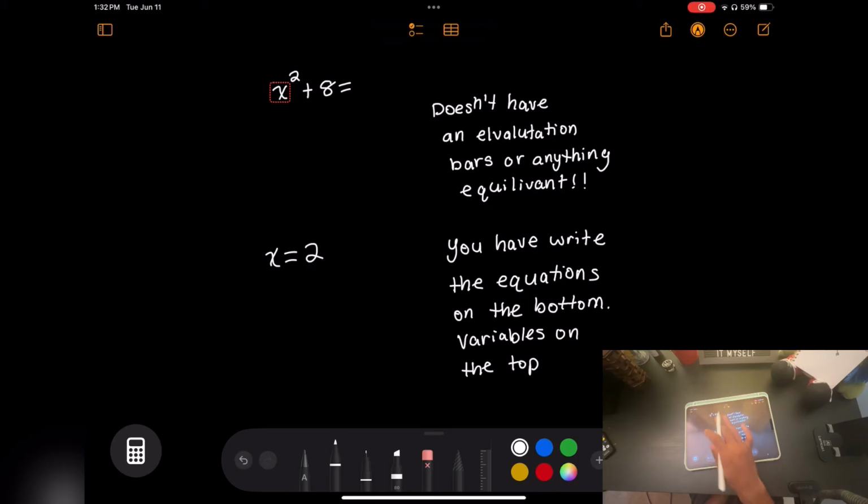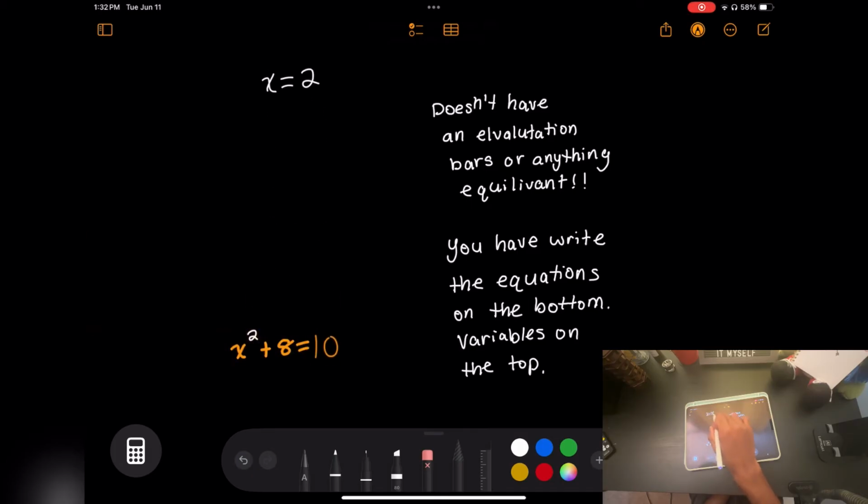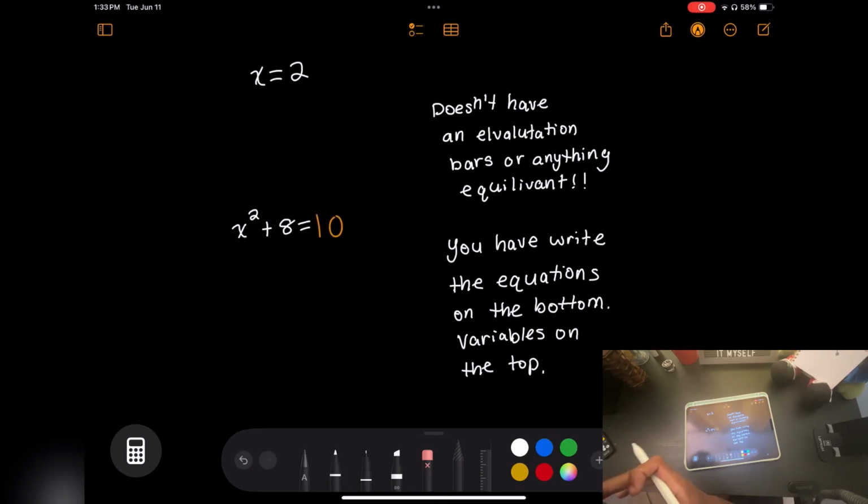So the reason it's giving me errors here is the equation is on the top and the identification of what the variable is equal to is on the bottom, which is very common in my opinion, but I guess not to them. So to fix this, all I have to do is lasso this down and lasso this up. And now it's giving me the answer that it was supposed to give me a while ago. That's equal to 10.